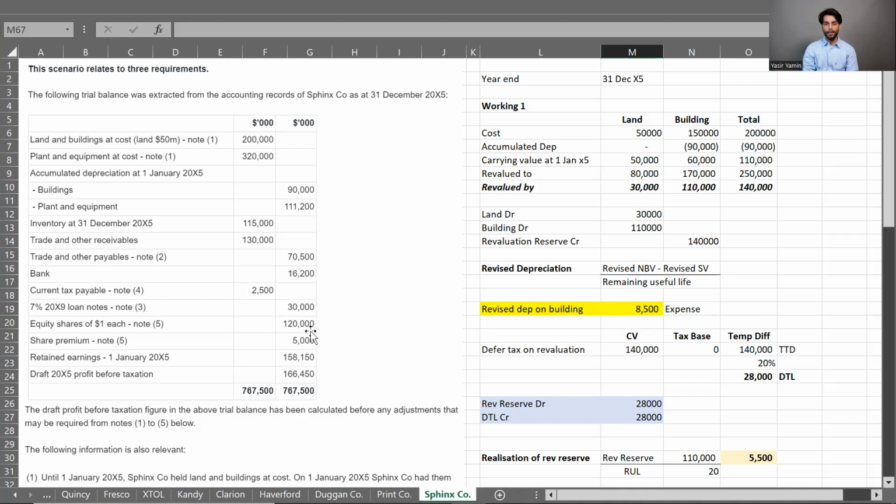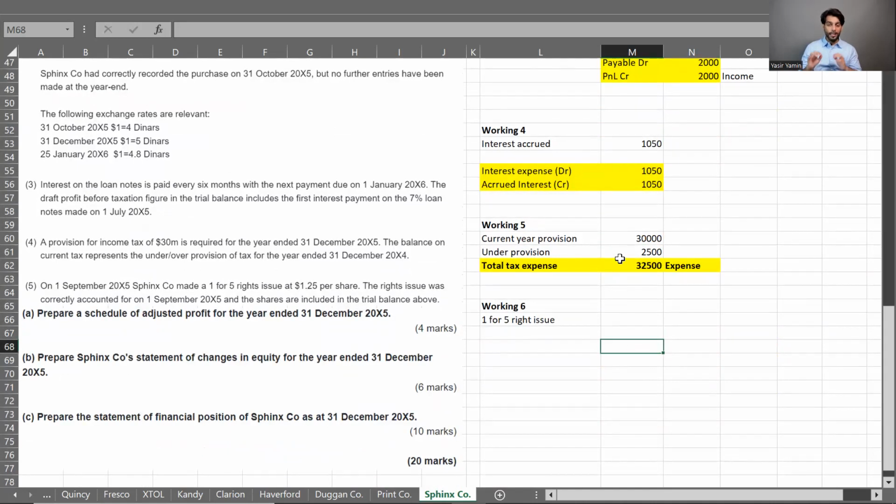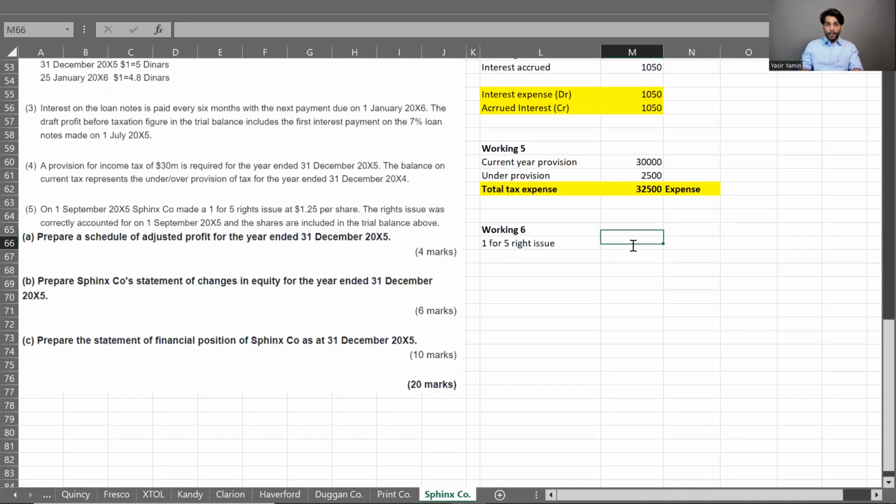So we need to recalculate the opening balance just for the sake of our statement of changes in equity. And how do we do that? You see, a 1 for 5 rights issue means a rights issue of 20%.